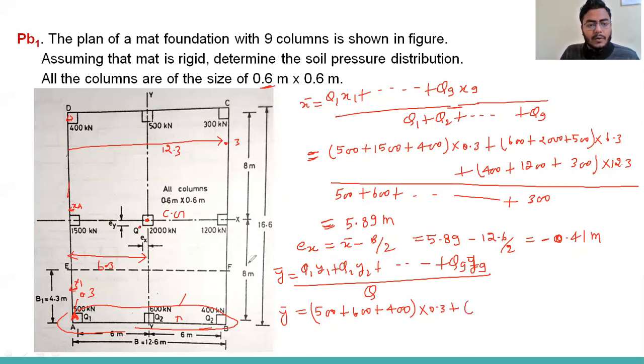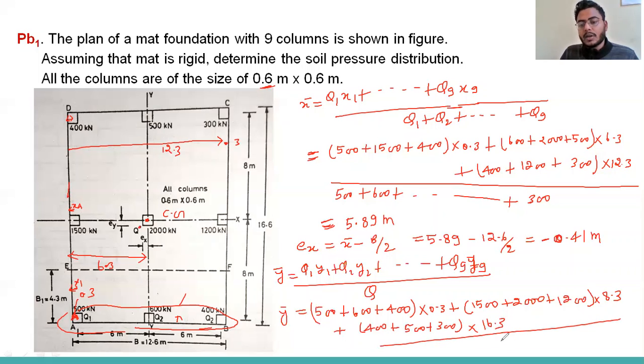Now for these 3 loads, 1500, 2000 plus 1200, the distance from here is 8.3, plus 400, 500 plus 300 into 16.3, divided by the total load. So we get the y bar value as 7.98 meter. You can calculate it also.